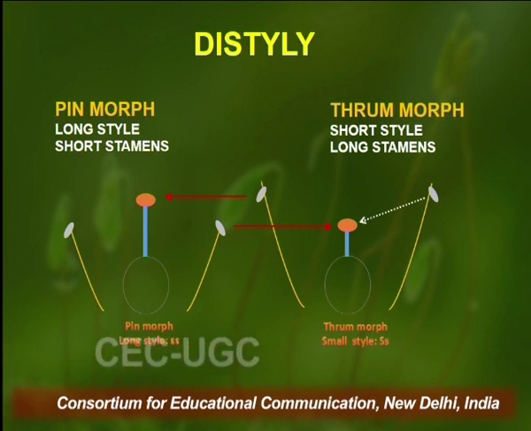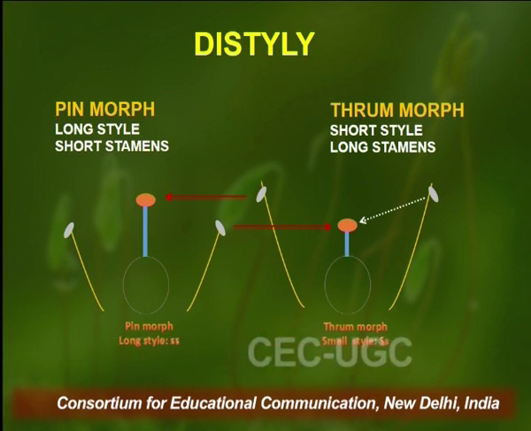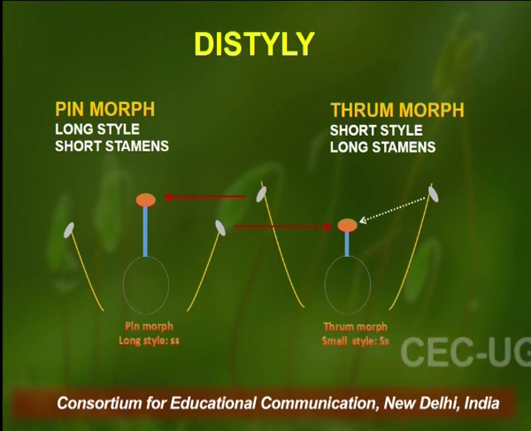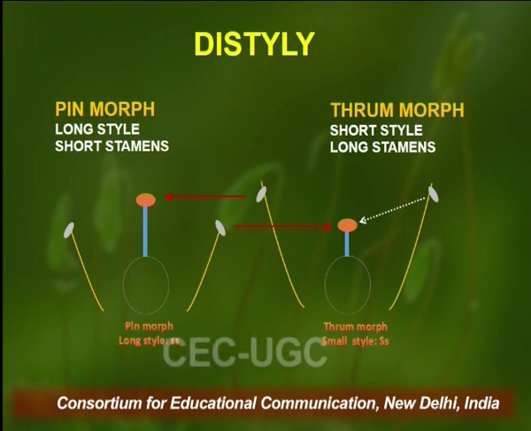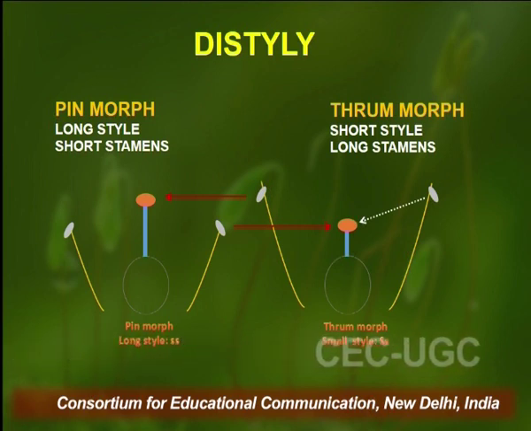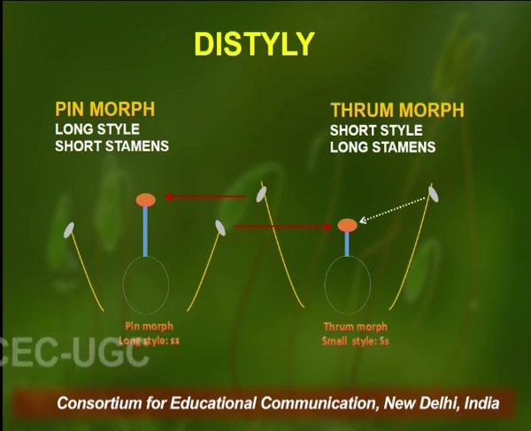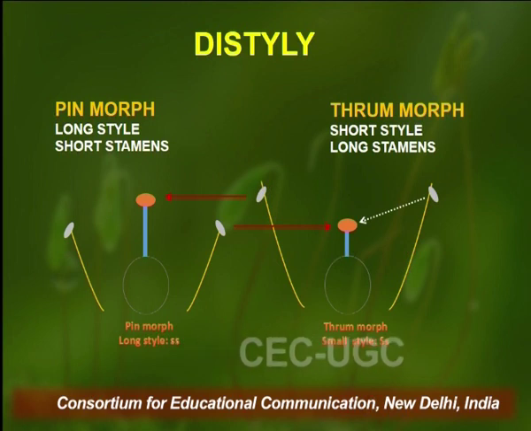A common pin is made of steel and it has a small circular head and a long tail. Here, since there is a long style and short stamens, the morphology is referred to as the pin morph.